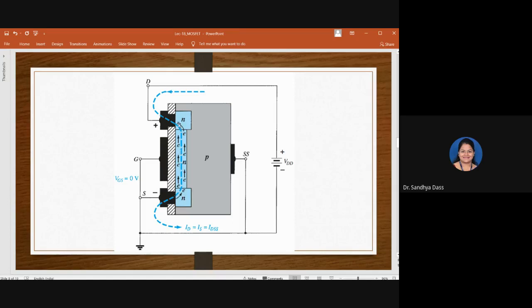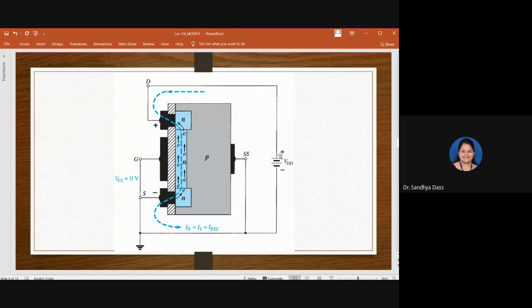We know that whenever there is flow of electrons in one direction, the opposite direction is the conventional current flow. So the drain current flows from drain to source. From the circuit, you observe that the drain current ID will be equal to IS, which is nothing but our IDSS, the maximum or saturated drain current. Are you with me so far?